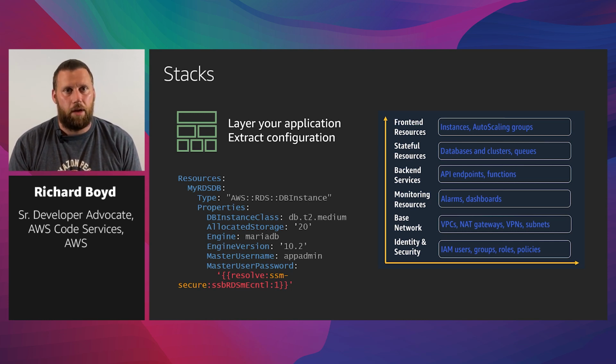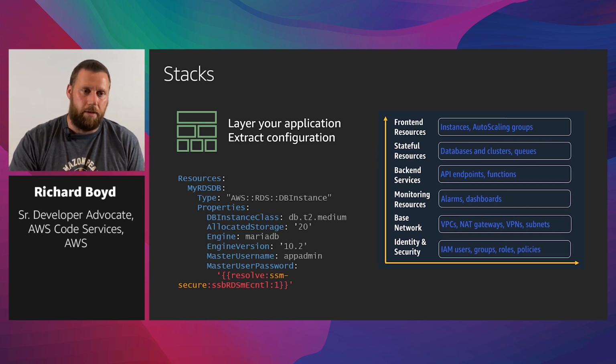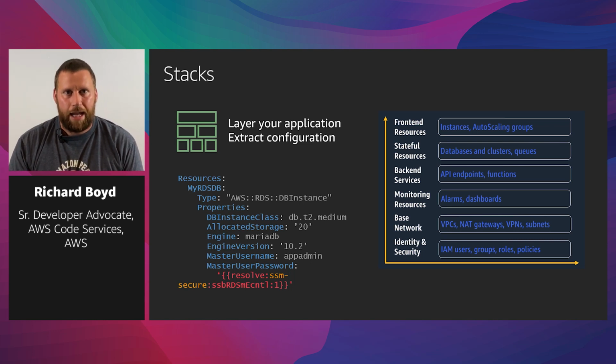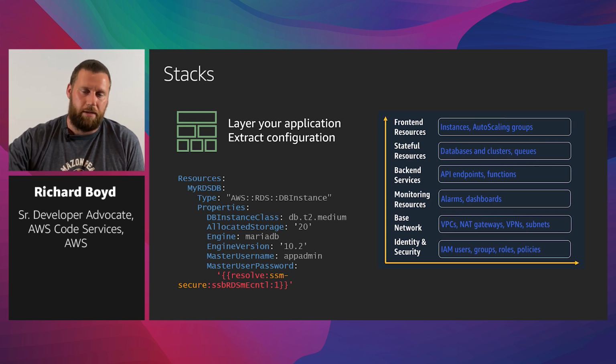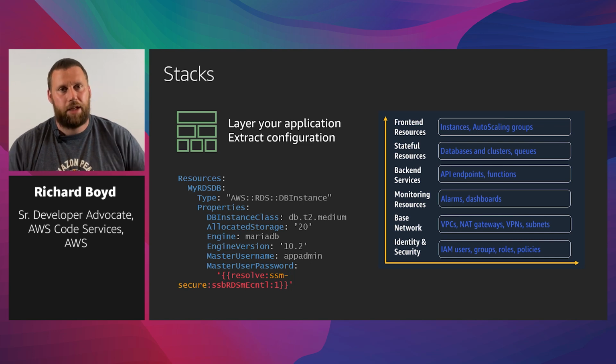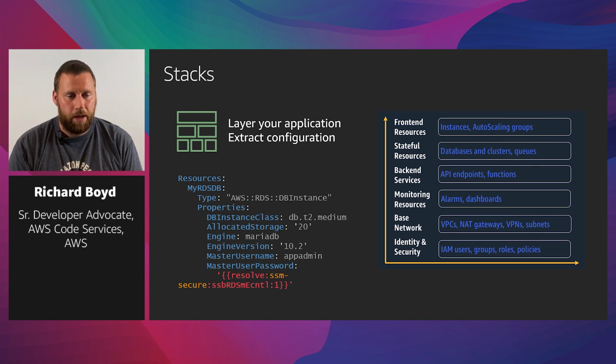Right? So a way that we can supply this without having to actually enter the password in manually is we call dynamic variables. So an example we have here, we're using the Systems Manager secure strings to reference a value in Systems Manager that has a secure string that will pull it out at deploy time.